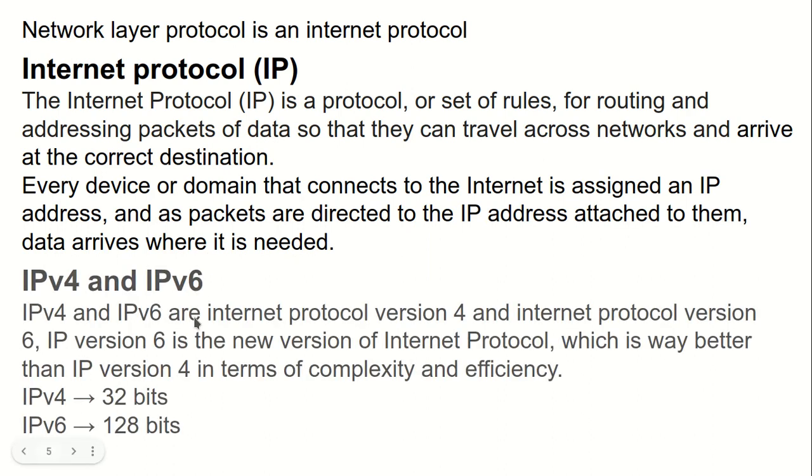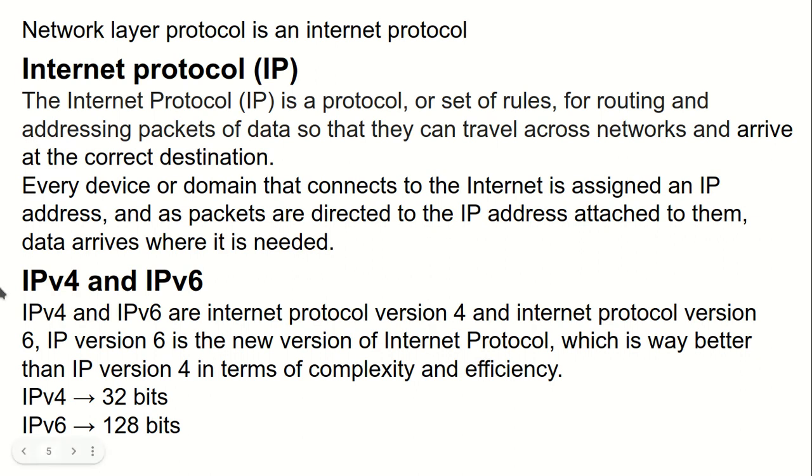There are two types of IP address, IPv4 and IPv6. These are Internet Protocol version 4 and Internet Protocol version 6. IPv6 is the newer version, which is way better than IPv4 in terms of complexity and efficiency.